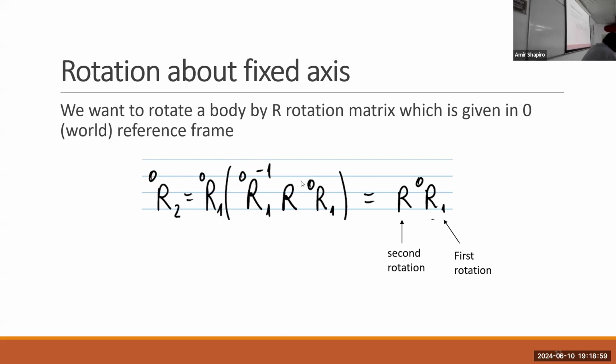So you see, R is the rotation around the fixed axis, and eventually this and this disappear, and we get R times R10. This is the second rotation, this is the first rotation, we just replace the order if I want to rotate around a fixed axis.